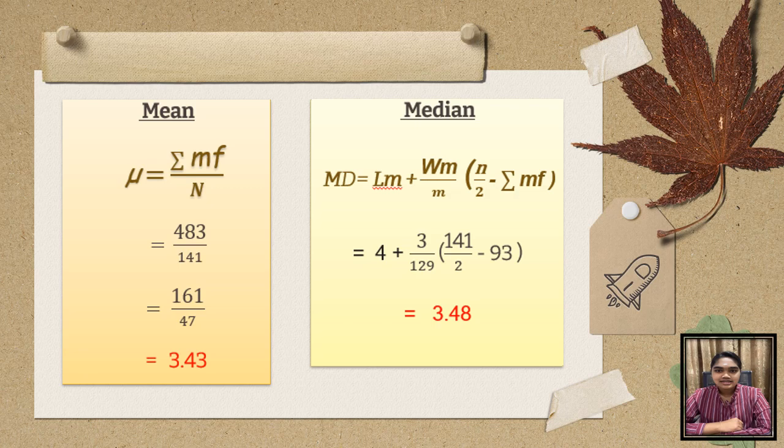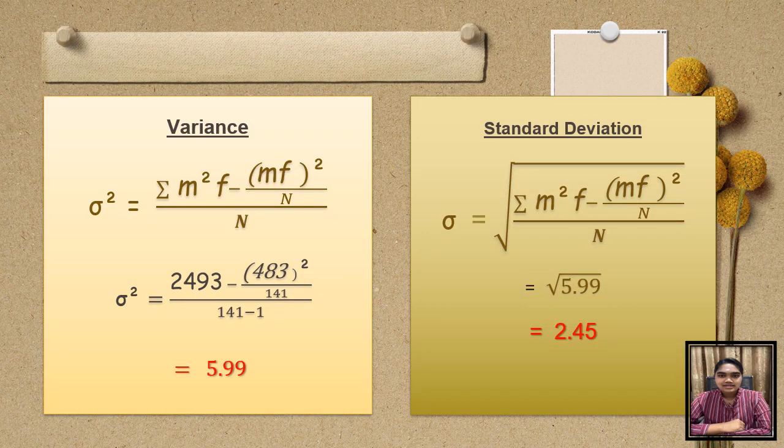As for the median, this is the formula, and this is the limit, the width, the number, and the sigma mf. If we substitute everything correctly, we will get 3.48 as the answer. As for variance, the population variance is called sigma square, and this is the formula.